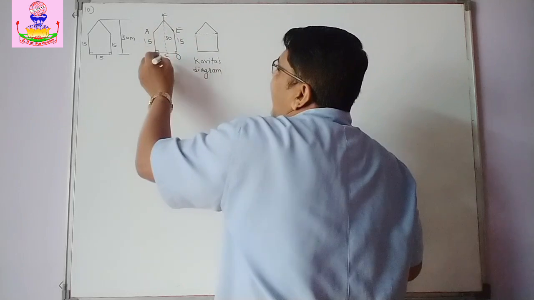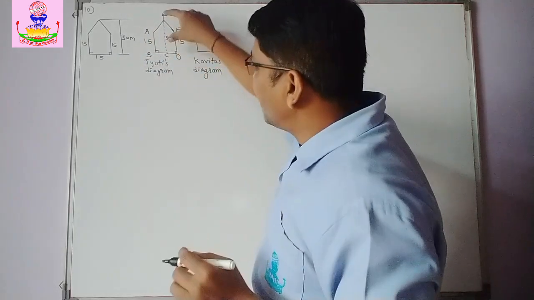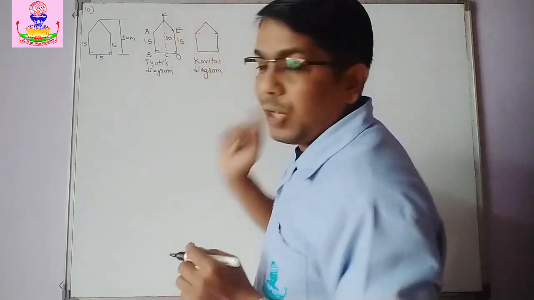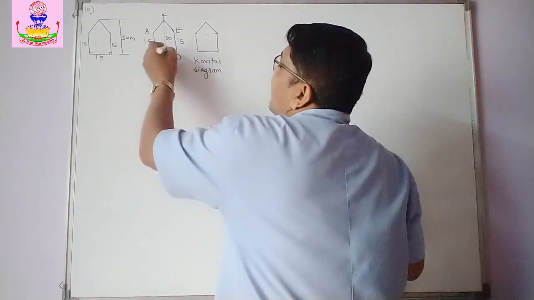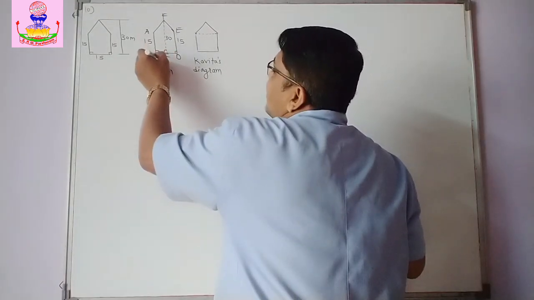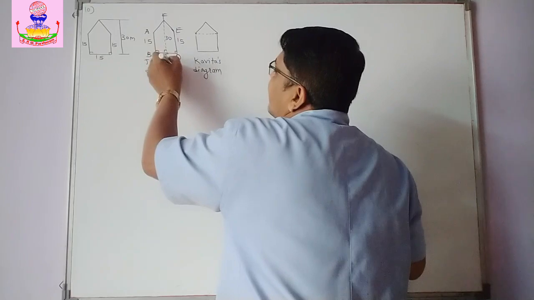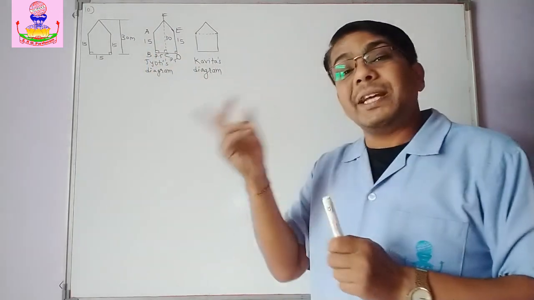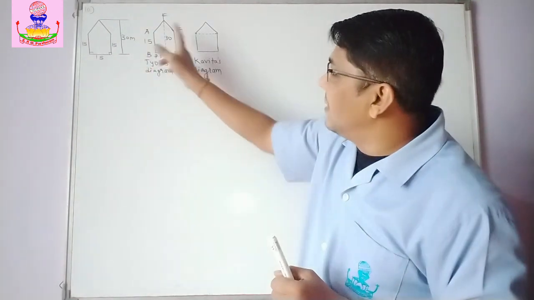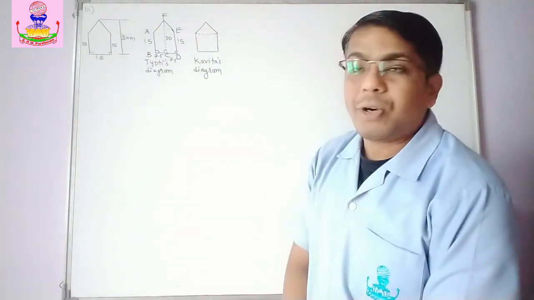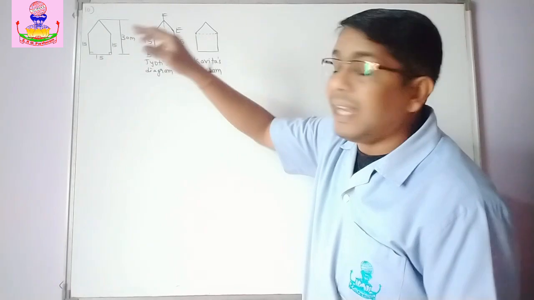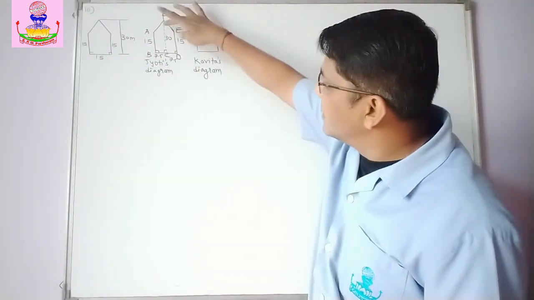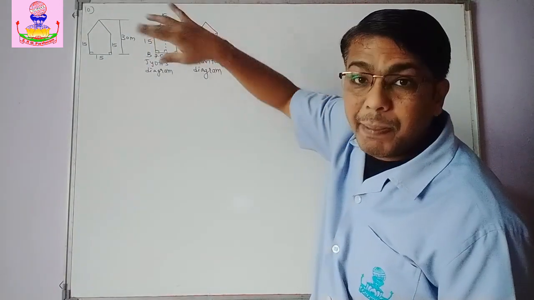Okay, this is 15, this is 15, we know that, and this is 15, but now C is the midpoint of BD, exact midpoint, and so this will become 7.5, this will become 7.5 meters. Now see, both are trapeziums then, and secondly, both are congruent. Why they are trapeziums first?